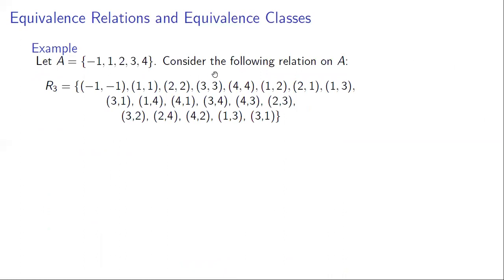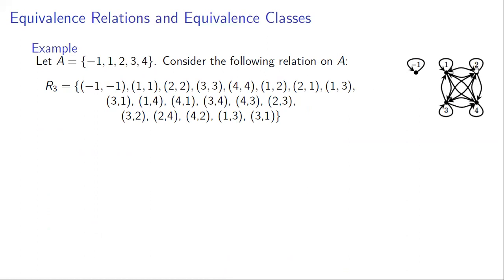Next example. Again, we have the same set A, and now let's consider a new relation on A. We'll call this relation R3. Here are the ordered pairs, and here's a diagram. -1 is related to itself. Then 1 is related to itself, 2 is related to itself, 3 is related to itself, and 4 is related to itself. And if you look at all 4 of these, each one is related to each of the other 3.